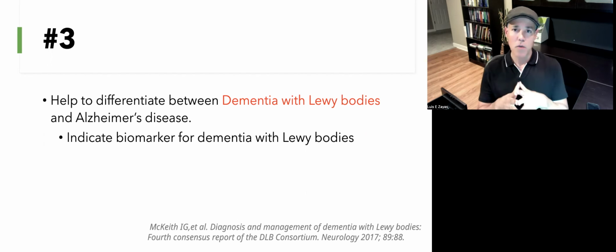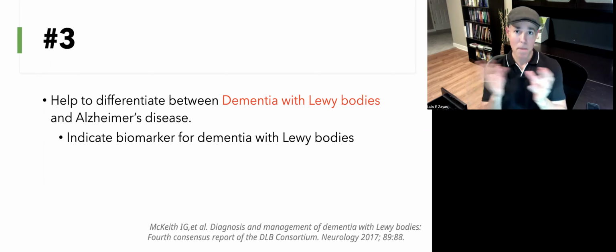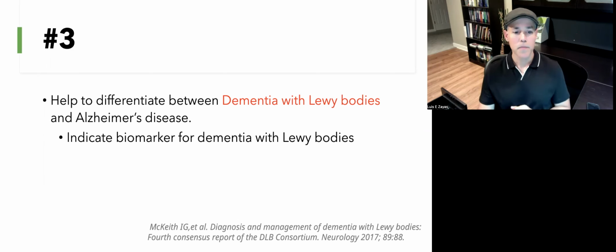So in a patient with Alzheimer's, you are supposed to have a normal DAT scan, and in a patient with Lewy body, abnormal. Things might get complex because there are patients with Lewy body who also have Alzheimer's disease, so it's a mixed pathology. Things get a little bit more complex sometimes.